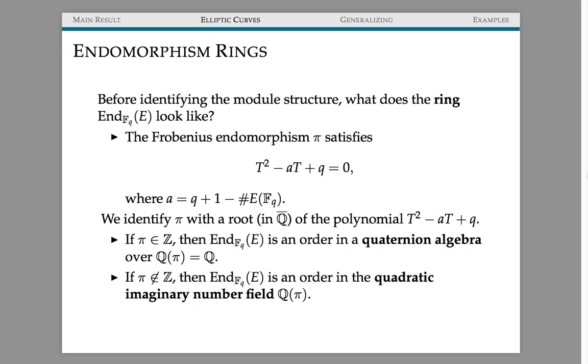And we can split into two cases here. If pi is an integer, then this ring is going to be an order in a quaternion algebra over the rational numbers. In the other case, if pi is not an integer, then this End_Fq(E) is going to be an order in a quadratic imaginary number field, which is generated by pi. So in both cases we have orders, but they're sitting in slightly different places.